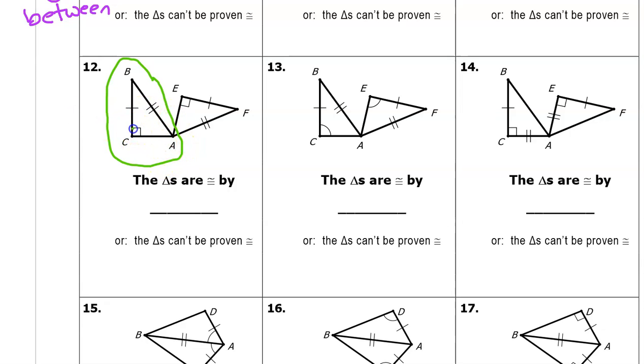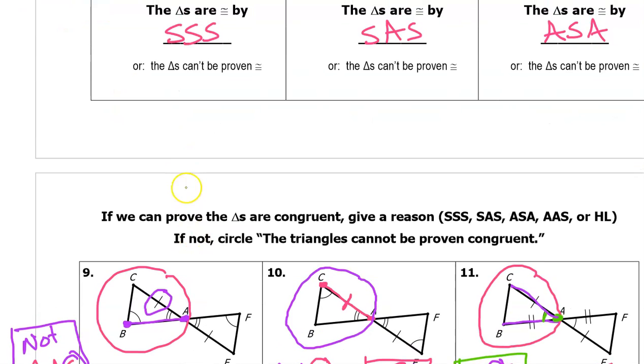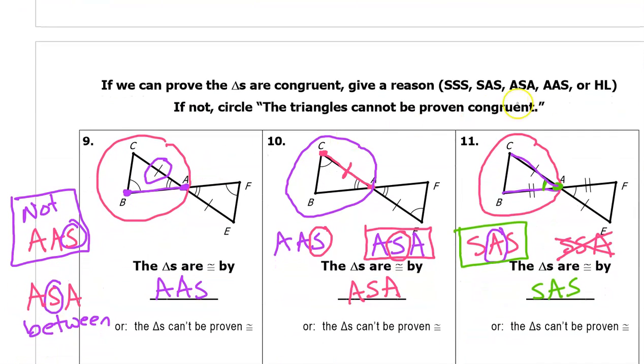Notice that we have a right angle here. Both of these are right angles. There's one option, hypotenuse-leg, that only applies to right triangles. So whenever we have a right triangle, we should stop and ask ourselves, wait a minute, is this hypotenuse-leg?